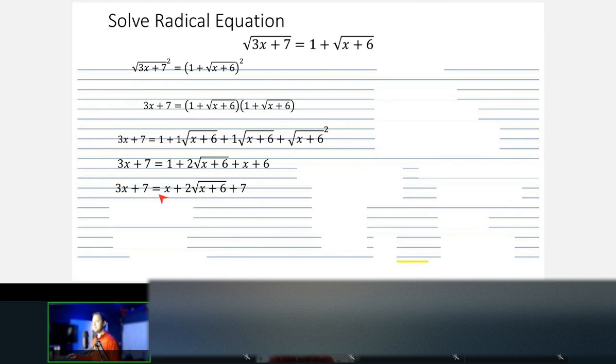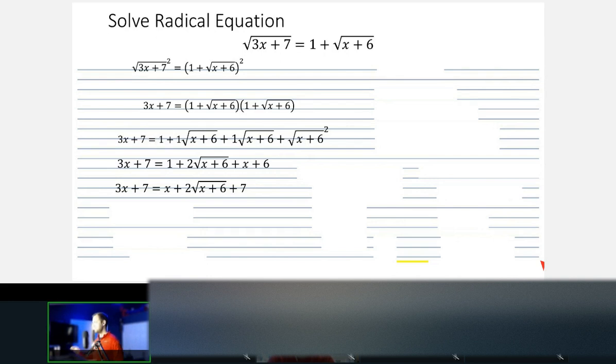All right, from this point, what should we be trying to do? Yeah, we want to move stuff to the left and get the radical by itself.